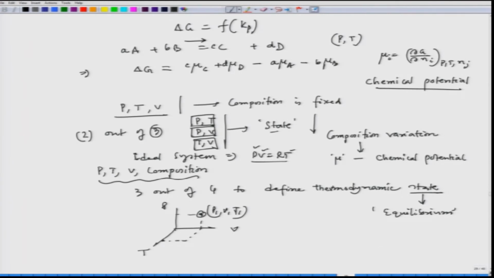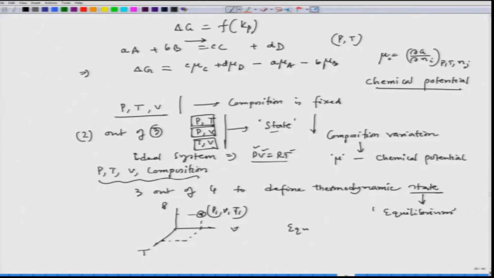So, now my state is fixed. In the case where 3 out of 4 have to be fixed, the last one is automatically fixed by the equation of state. So, what is that equation of state? We have to find out.